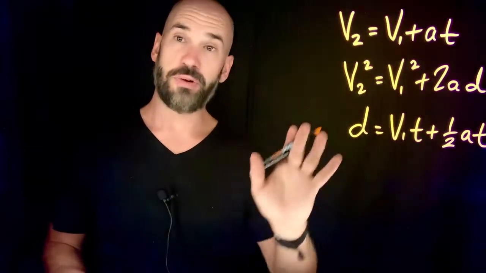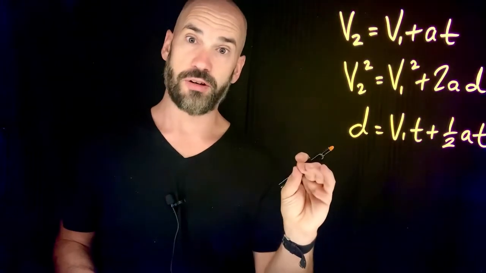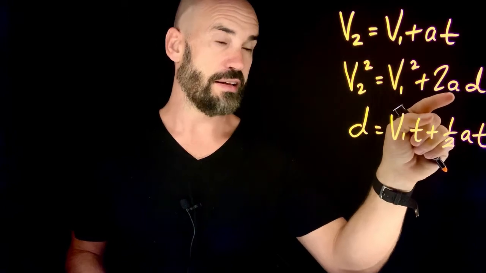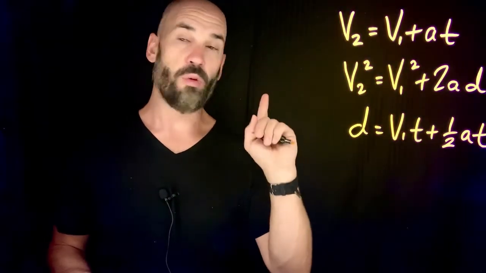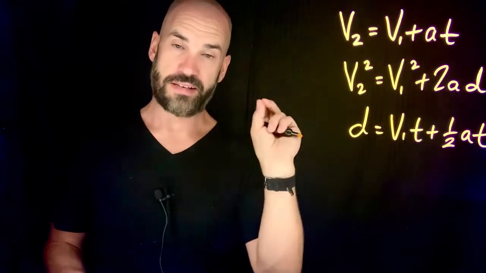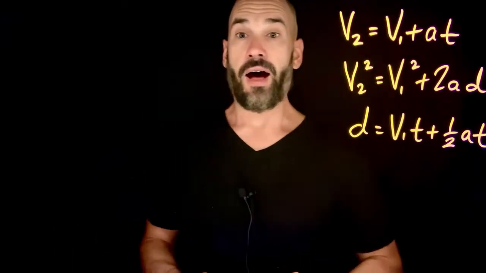So these are the three kinematic equations, and with these you could predict the future of any object's motion as long as you know the acceleration. Now, I should say one caveat, and that is that these equations only work when acceleration is constant, okay? So keep that in mind.